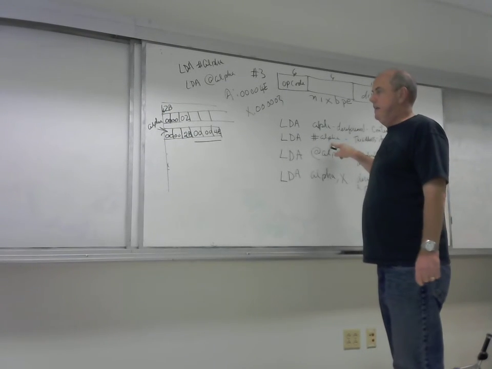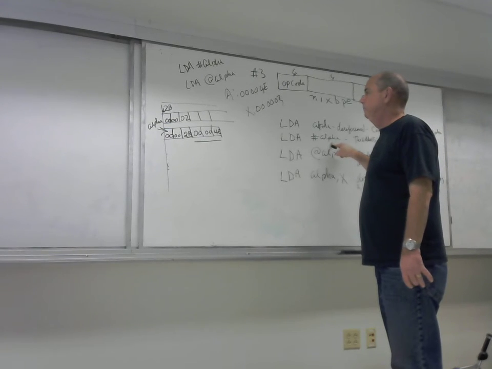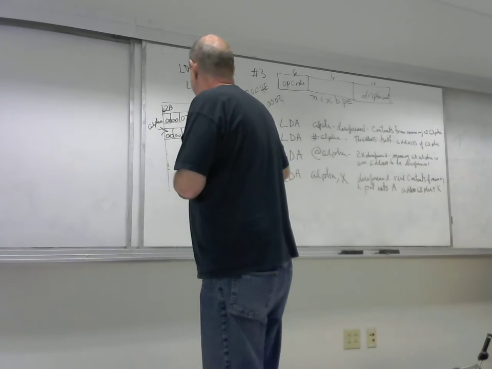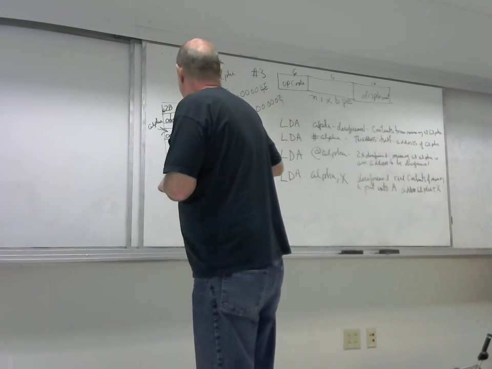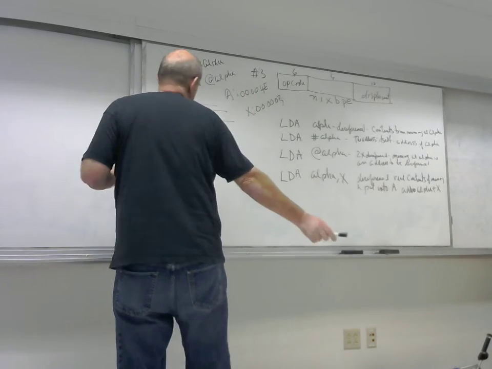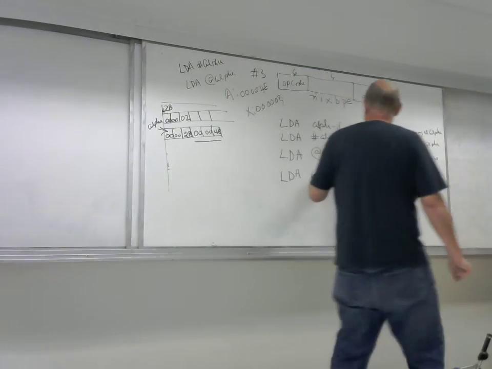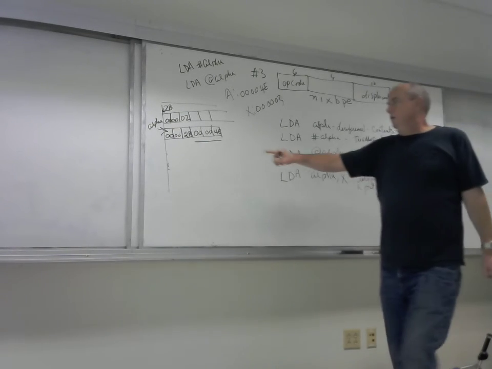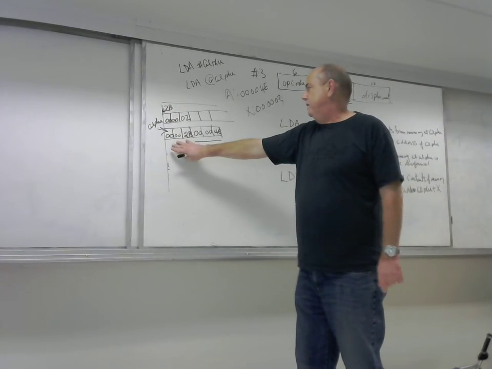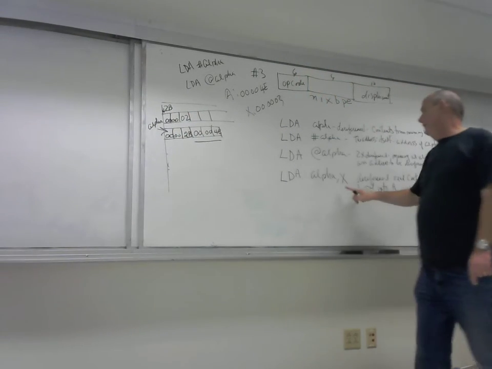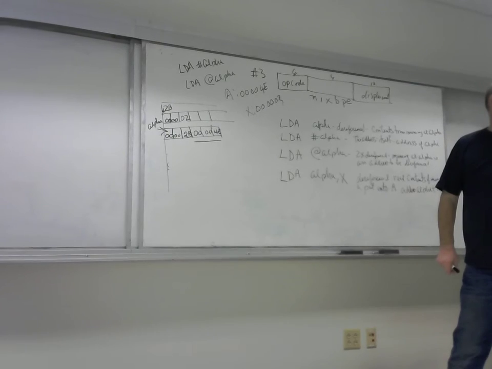Alpha itself is the address of alpha, and so the address of alpha itself is loaded into A. At alpha is go to alpha and read that address as another address and go there. Go to alpha, take 2b as an address, put the 2. And finally the x, it's an offset. Yes?